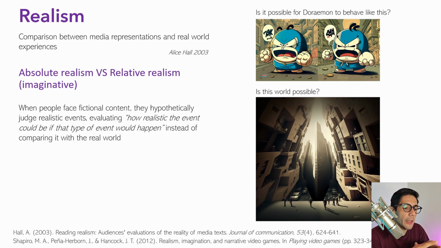And when we are comparing between what's happening in this world and what's happening in the real world, that exercise is called absolute realism, right? It's an exercise that compares reality, our current physical reality, with media representation, which could be an image, a possible world, an imaginary world, a three-dimensional world, a virtual world.